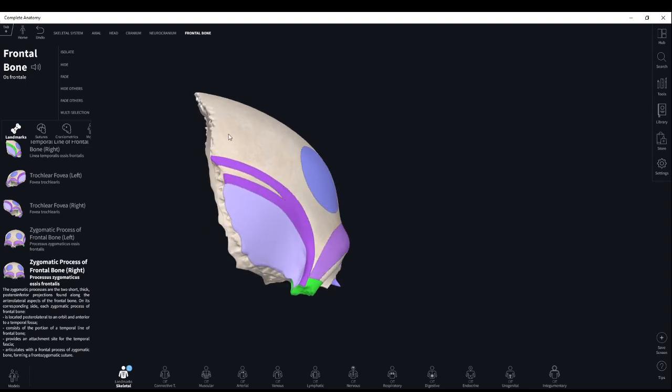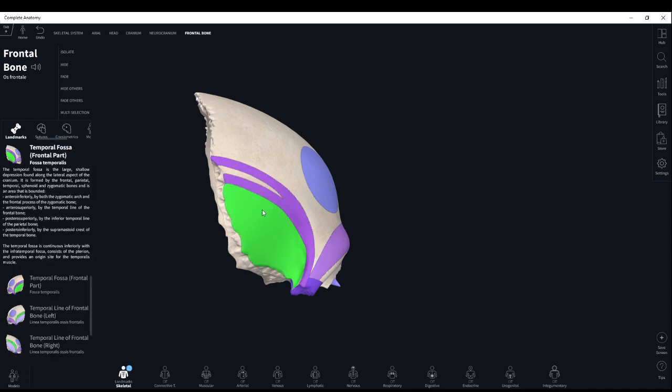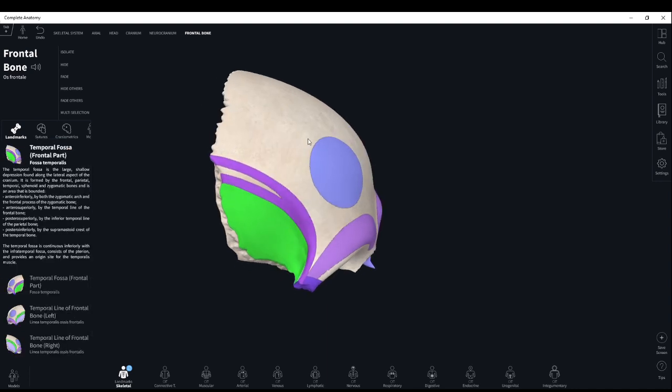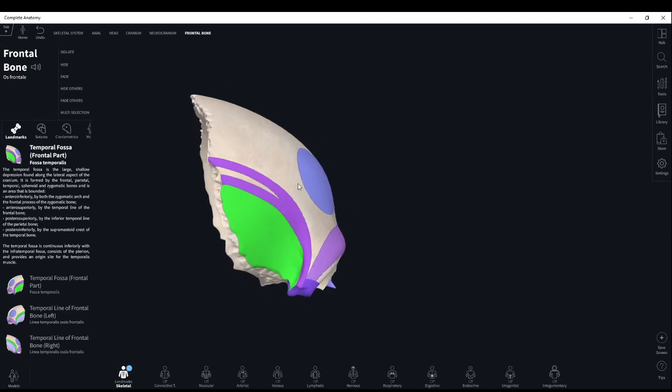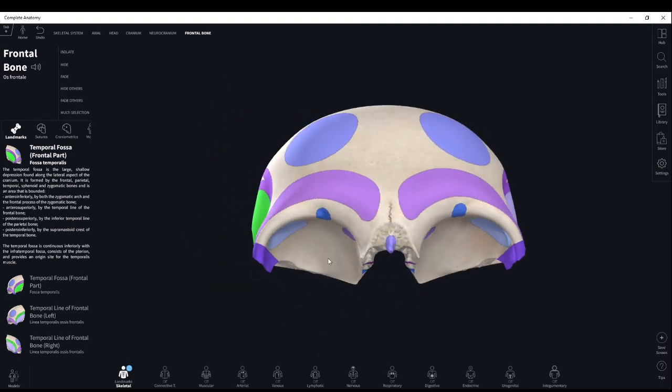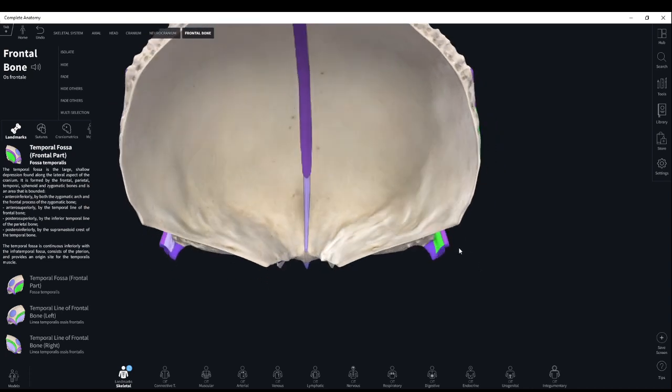Some part of the squamous part of the frontal bone, just below the temporal line, is called the temporal surface of the frontal bone.